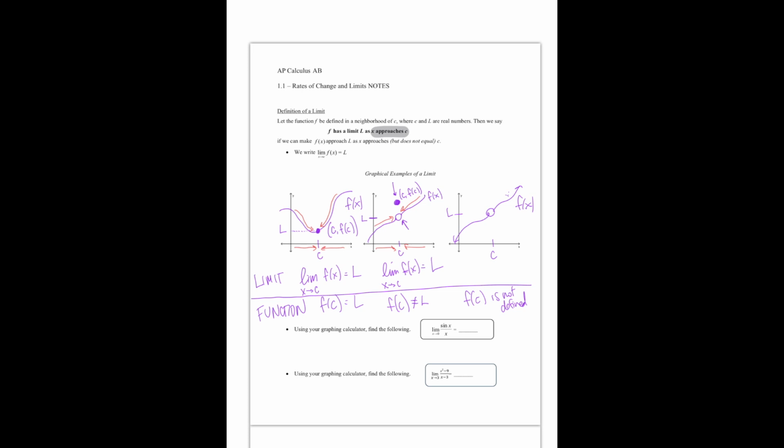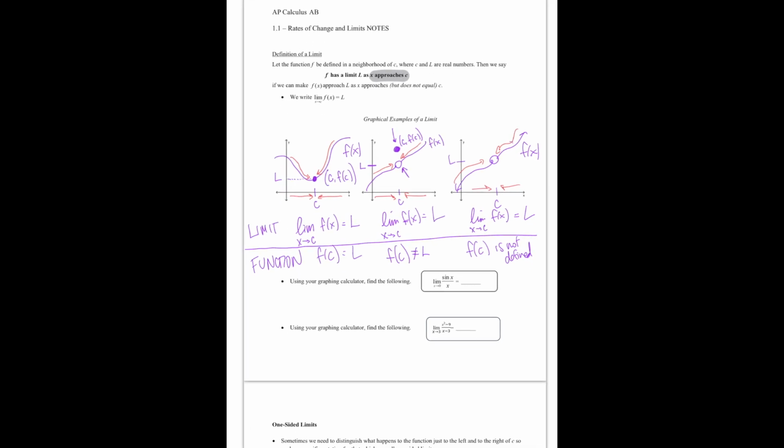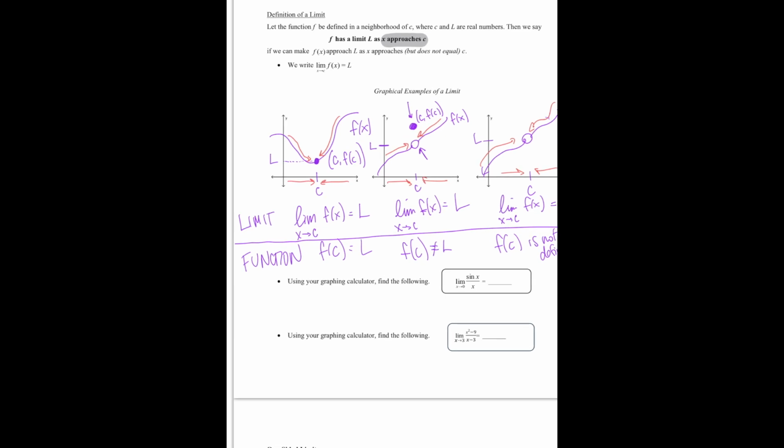Okay, but the limit, again, it's what it's approaching, not what it actually equals. It's just what is that getting really, really close to? The limit as x approaches c of f of x is still L. Okay, so now for these next two examples, we're going to have to do them in the graphing calculator.